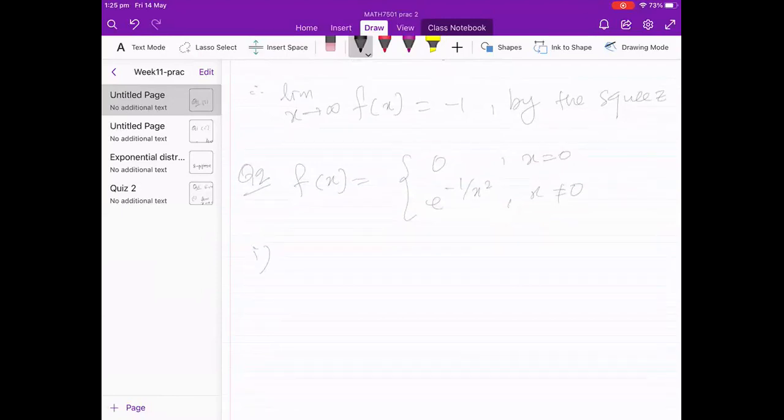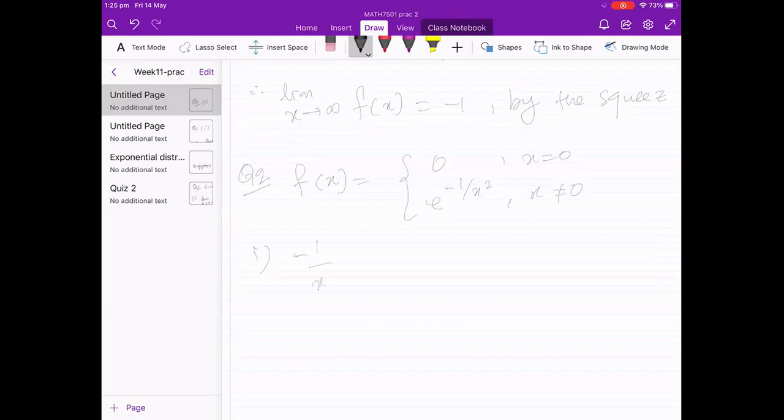How do you show that? If x is not 0, is it continuous? You can argue with this.